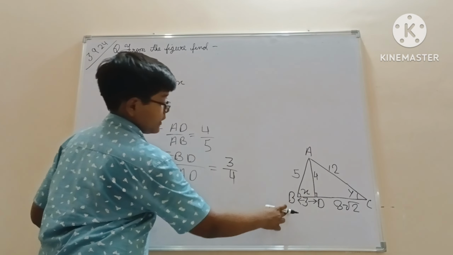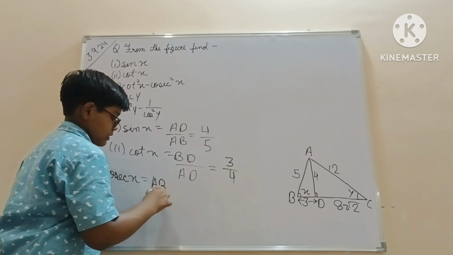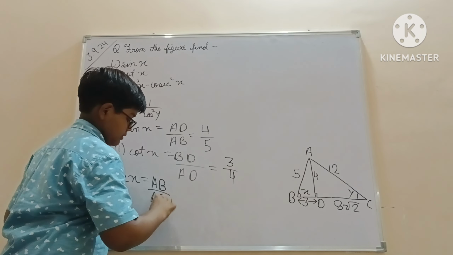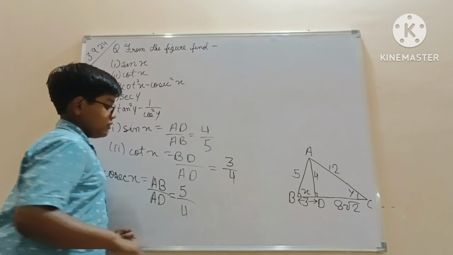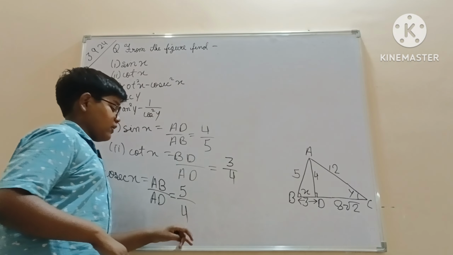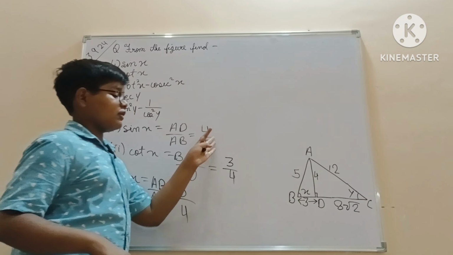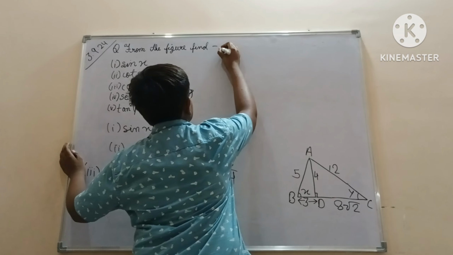So the hypotenuse of our triangle is AB and the height of our triangle is AD. So AB is 5 and AD is 4. So we have got the value by the formula and it is the same as the reciprocal of this fraction. Now we will find cot squared x minus cosec squared x.